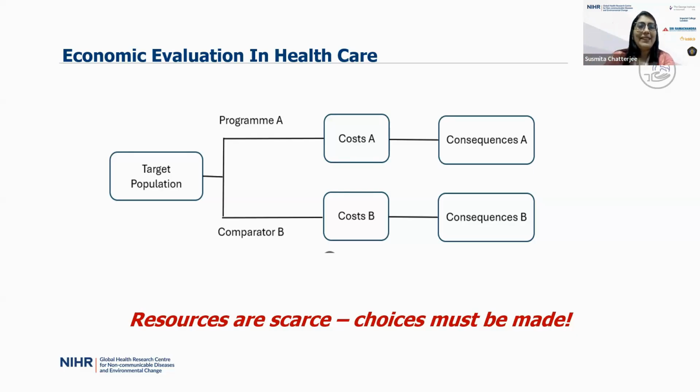So suppose there was a target population for this COVID-19 vaccination, right? Ideally, in a normal situation, if it was not an epidemic, we should have done this kind of economic evaluation to think about whether we should do COVID-19 vaccination or not. But it was a very different situation. We could not do that, and we started with the vaccination.